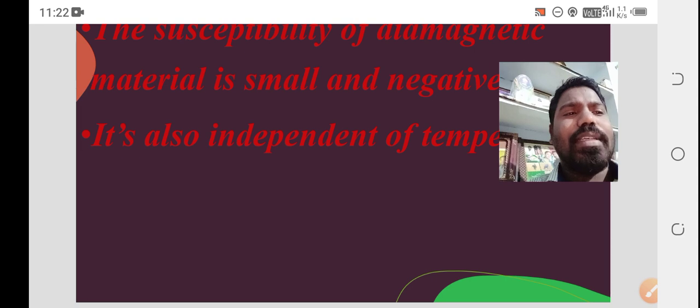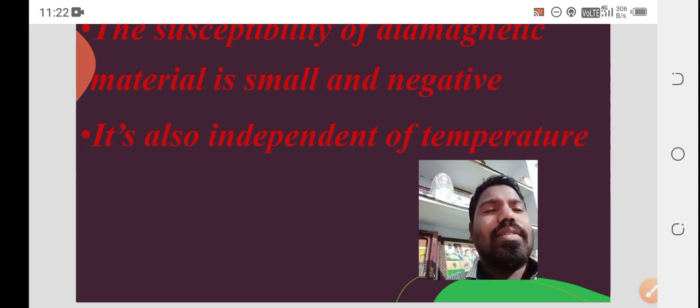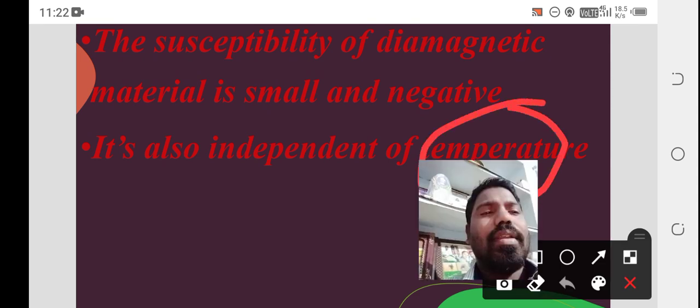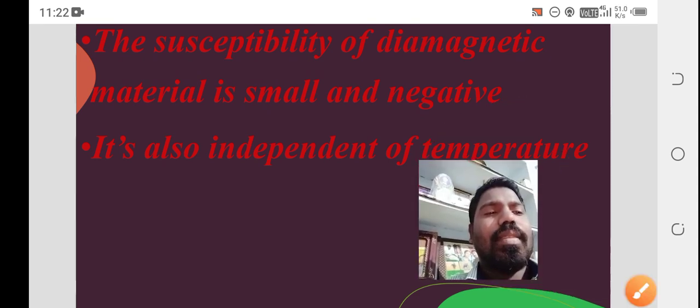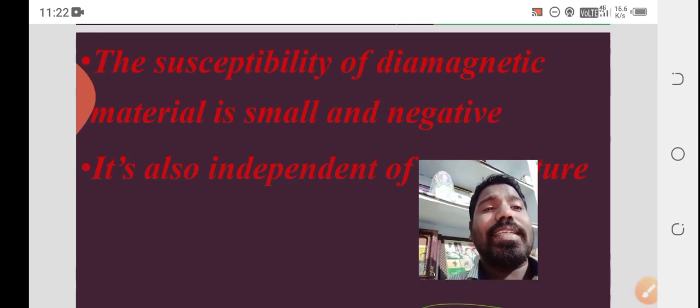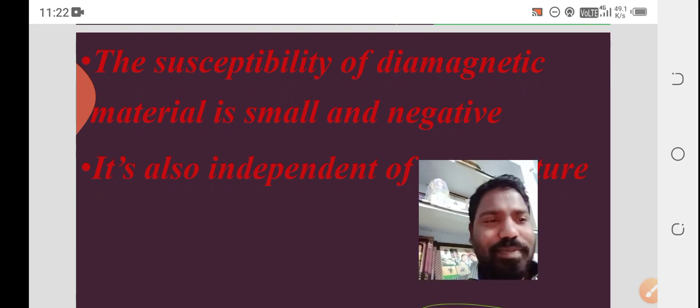It does not depend on temperature. So this is about the susceptibility. The susceptibility of diamagnetic material is small and negative.